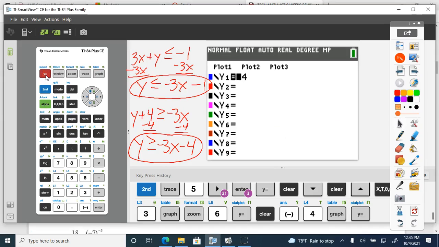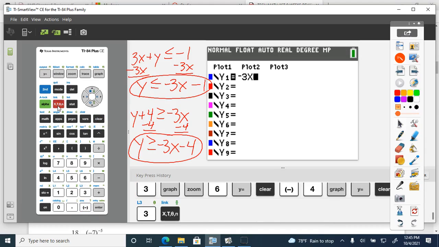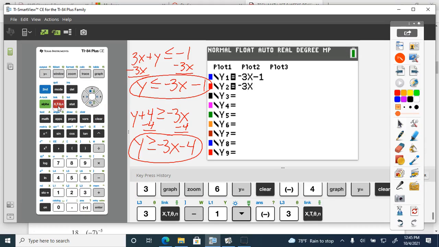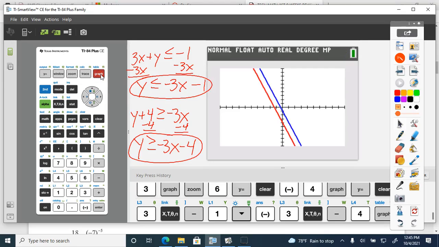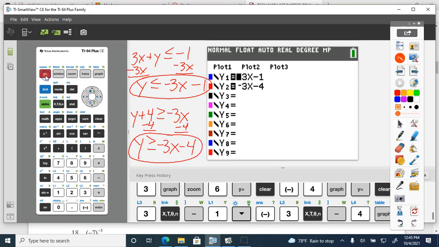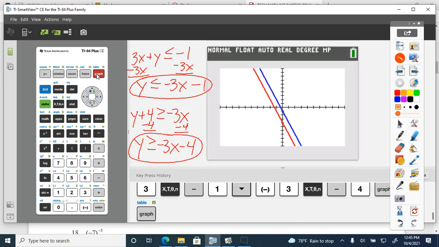I'm going to graph it on here. We got negative 3x minus 1 for that one, and we got negative 3x minus 4 for that one. All right, we're going to graph them. All right, the minus 1 is the blue. Okay, so for this first one, I'm shading what?